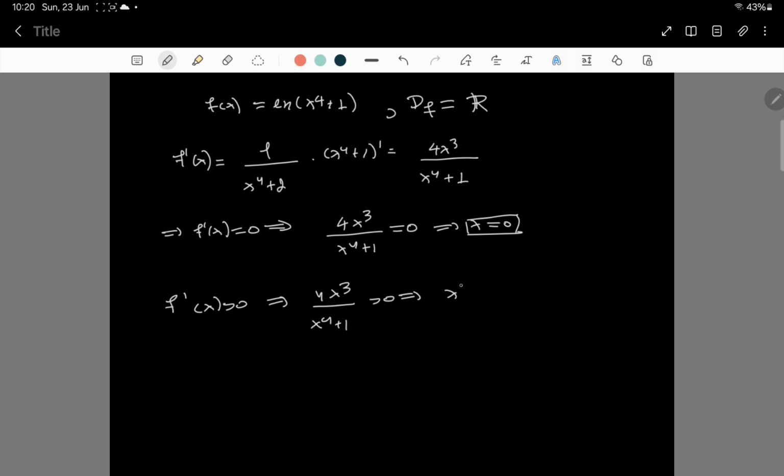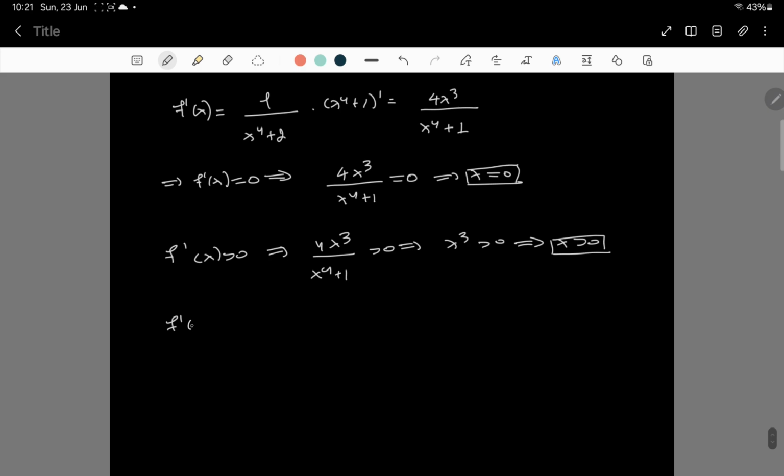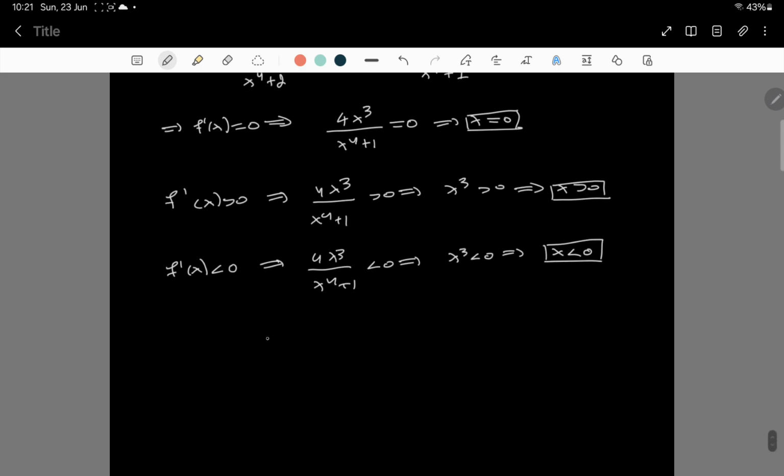And here, of course, the term in the numerator should be strictly positive. So x should be greater than 0. F prime of x strictly less than 0 is achieved when the values of x are strictly below 0.